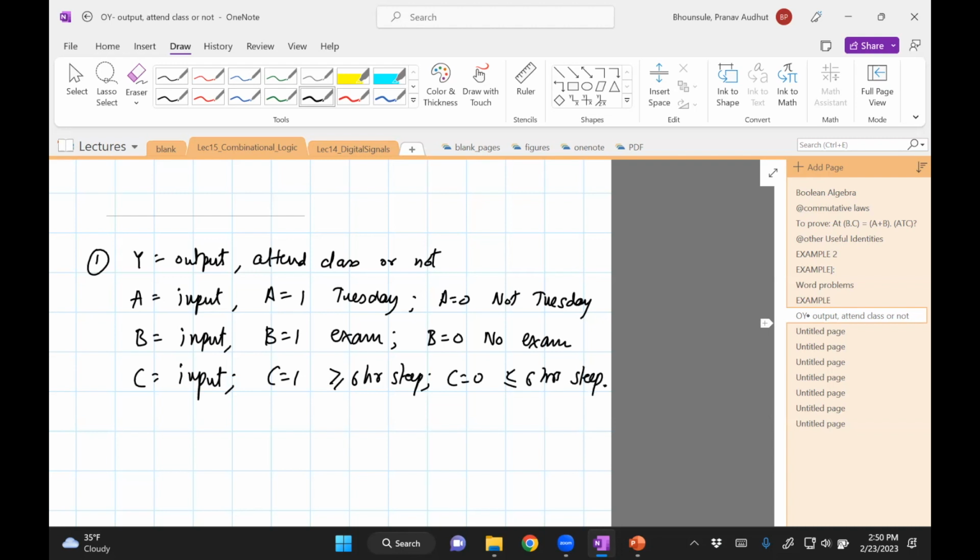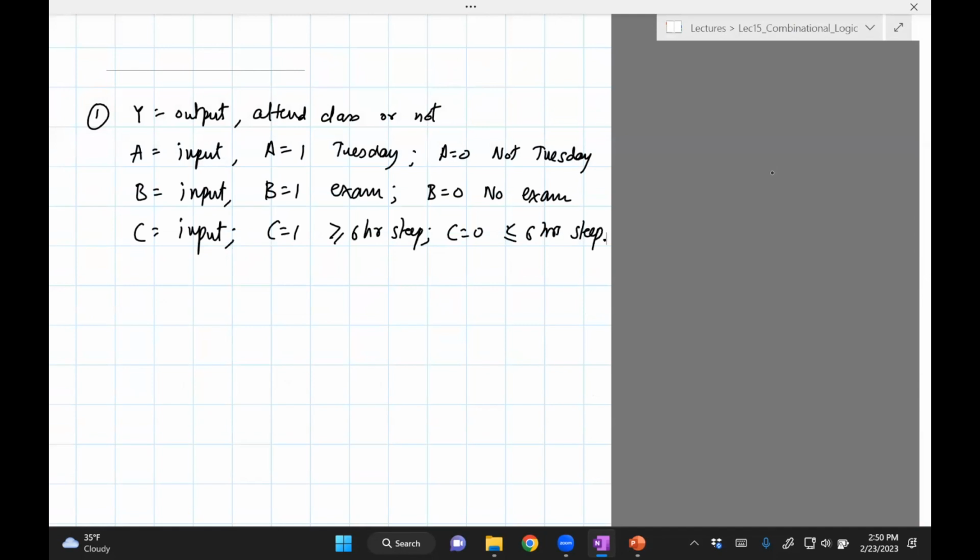So you can notice that everything given in the problem was reduced to zeros and ones. Every time that may not be possible, as you'll see in the next example, but in this case, everything is zeros and ones. So that's our problem. Next step is we need to write a logical expression.